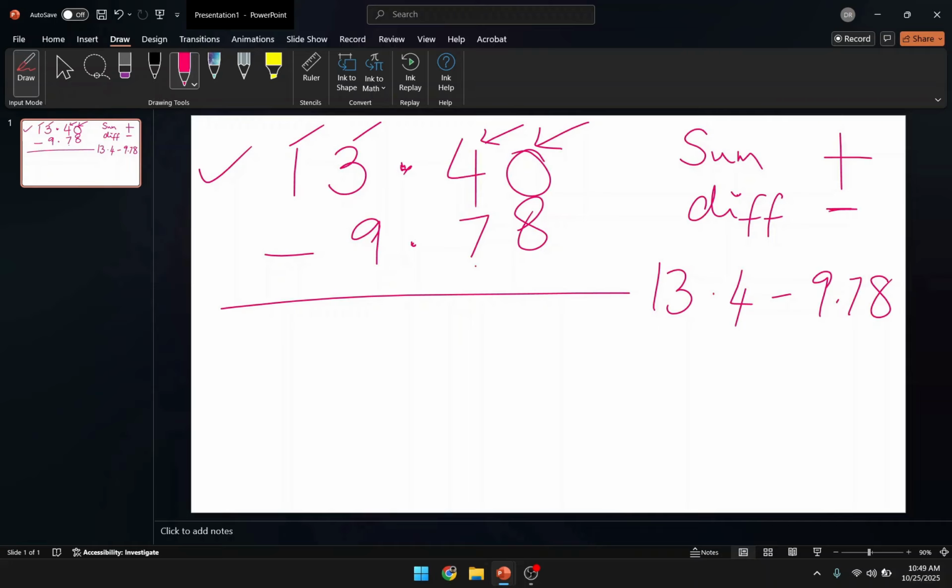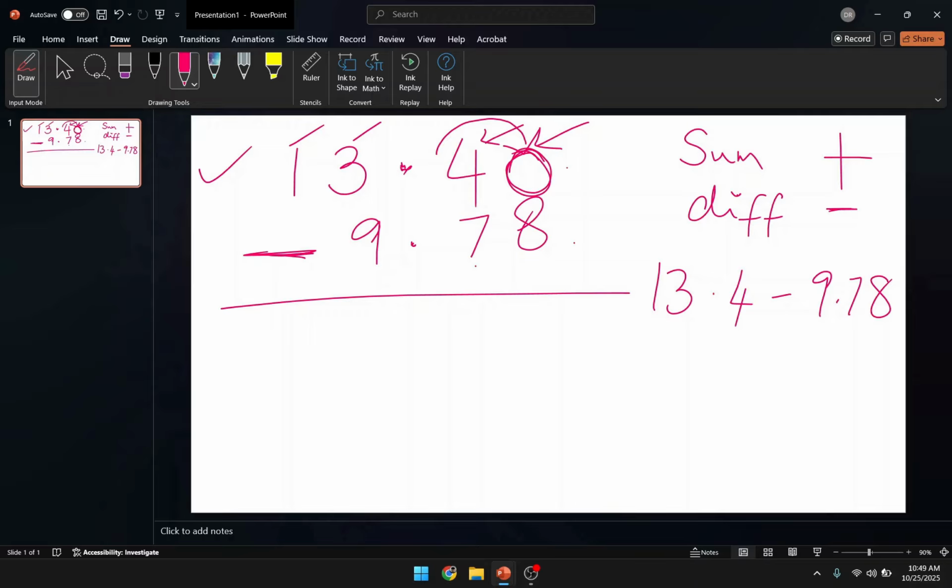Okay. Now let's proceed with our subtraction. So 0 minus 8. We can't do this. We can't subtract 8 from 0. So what do we do? We borrow from the previous column. From the tens place, I am borrowing it into the hundreds place.